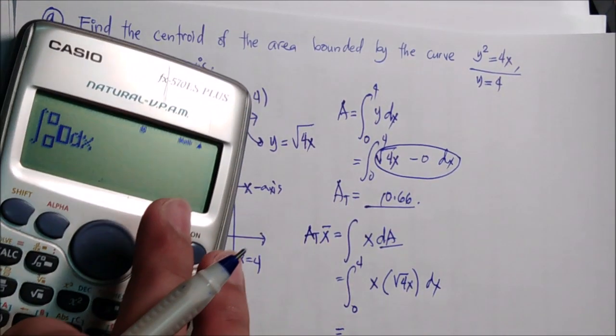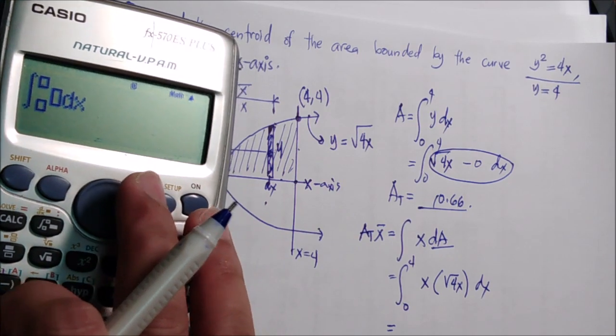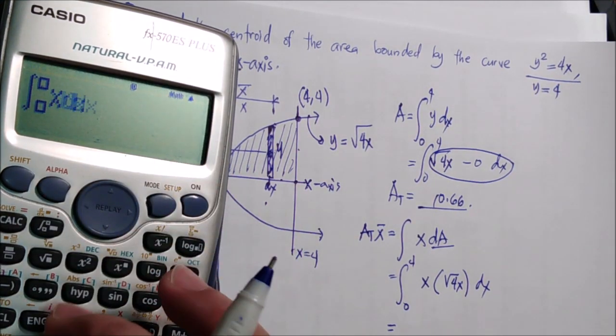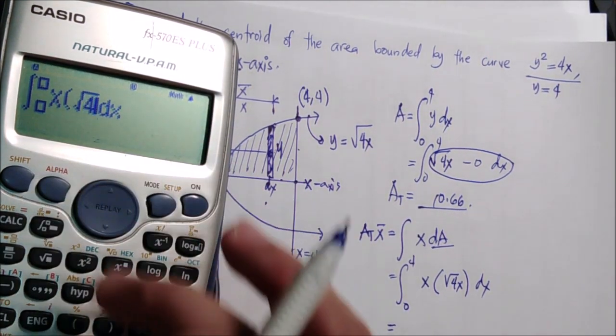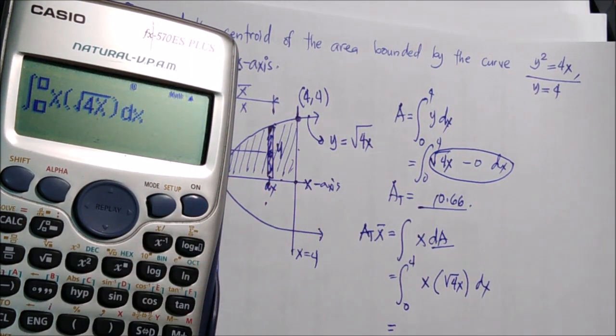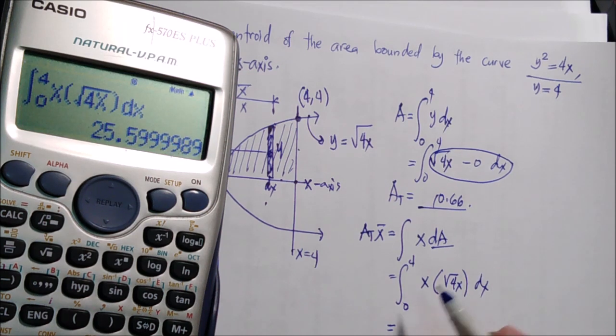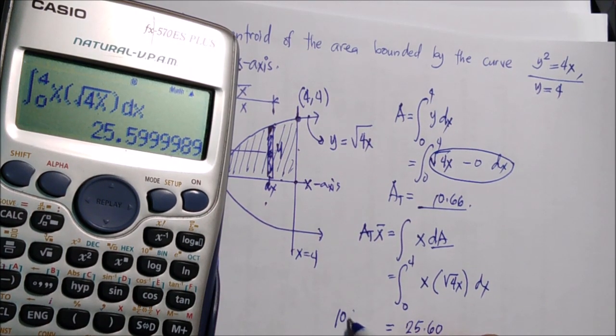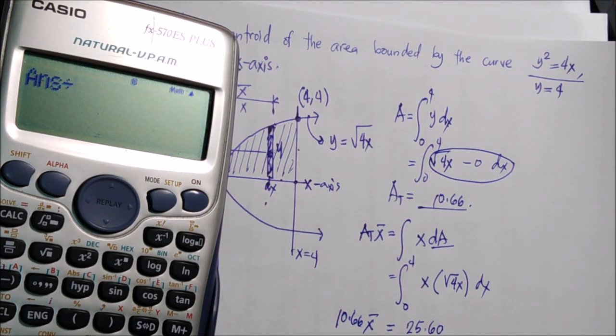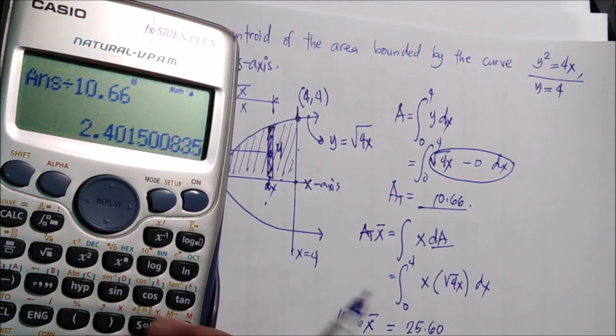Again using the calculator, this is 25.6, and the area total is 10.66. Your bar x is 25.6 divided by 10.66, which is 2.4.